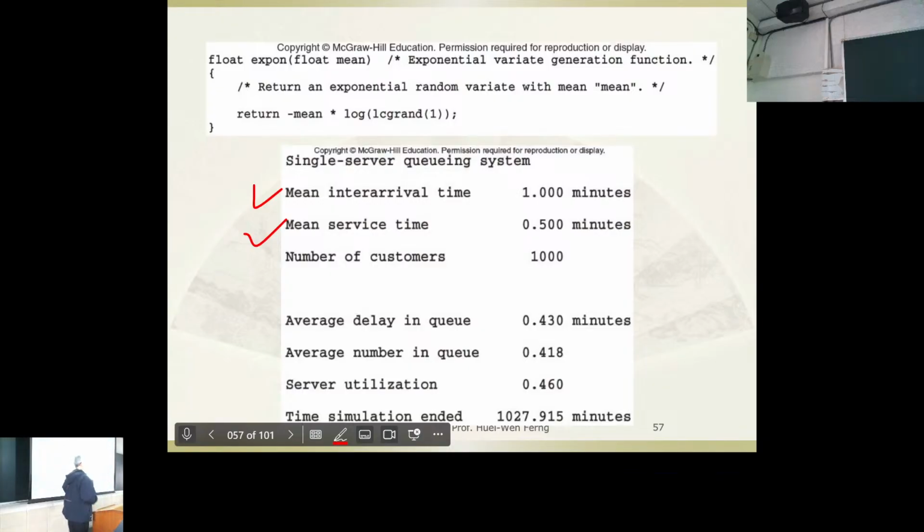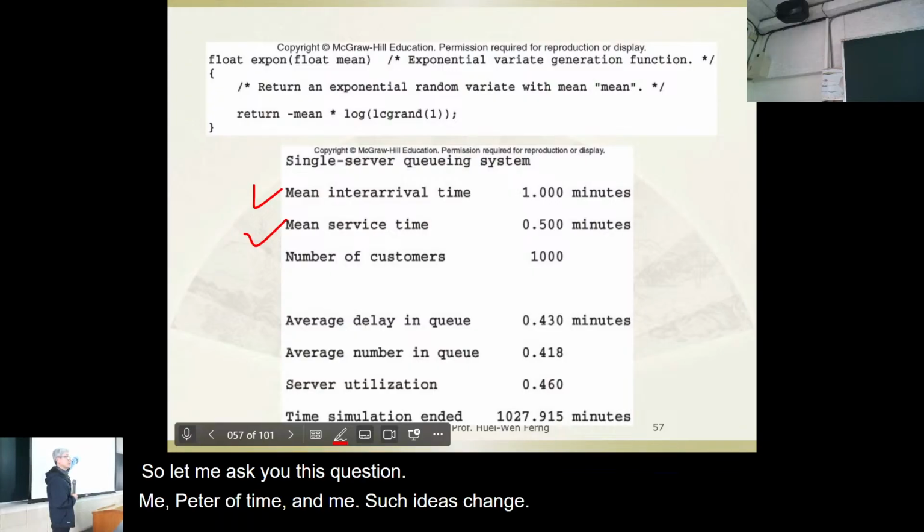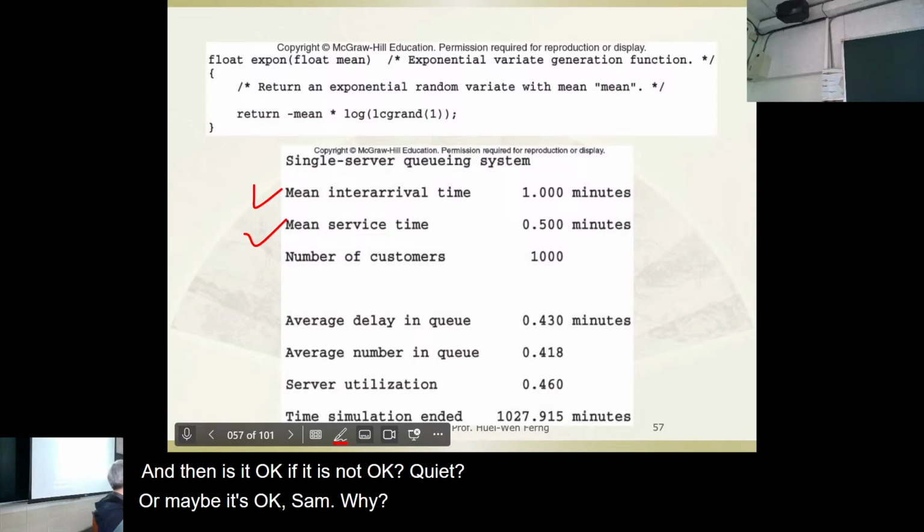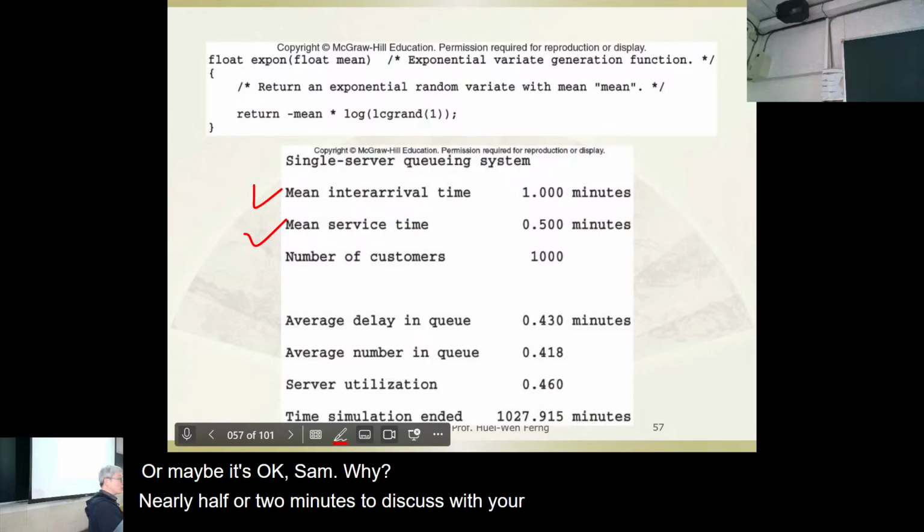So let me ask you this question. Mean inter-arrival time and mean service time here are changed. And then, is it okay? If it is not okay, why? Or maybe it is okay, the same, why? Then you have 2 minutes to discuss with your neighbors. Guess what? Okay or not okay?